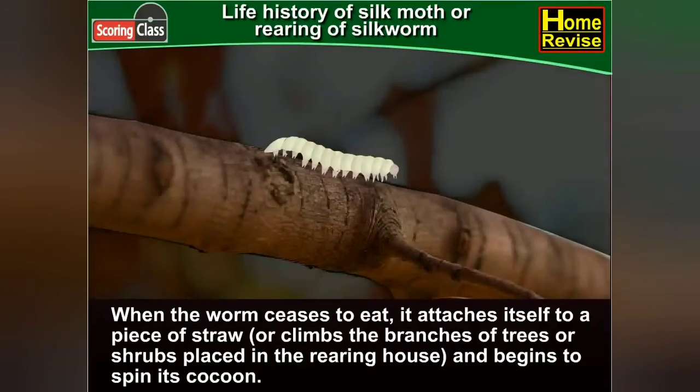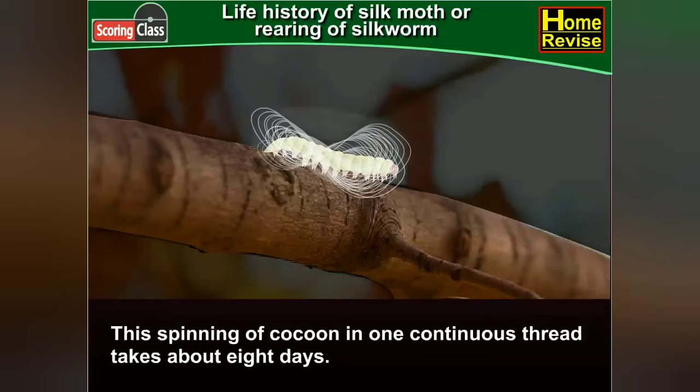When the worm ceases to eat, it attaches itself to a piece of straw or climbs the branches of trees or shrubs placed in the rearing house and begins to spin its cocoon. The spinning of cocoon in one continuous thread takes about 8 days.